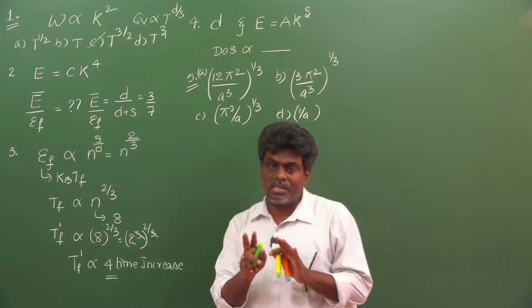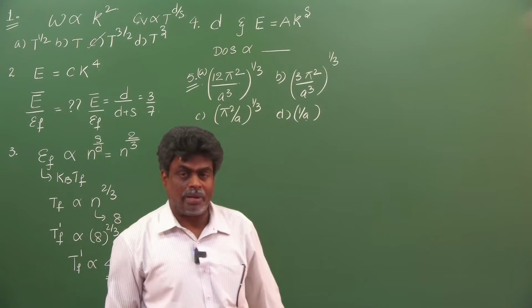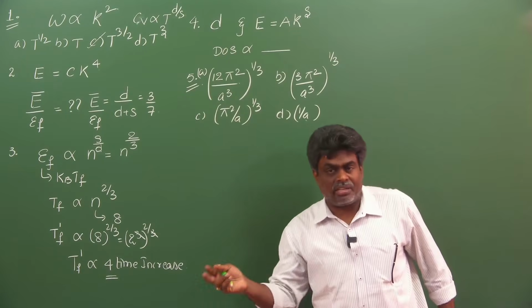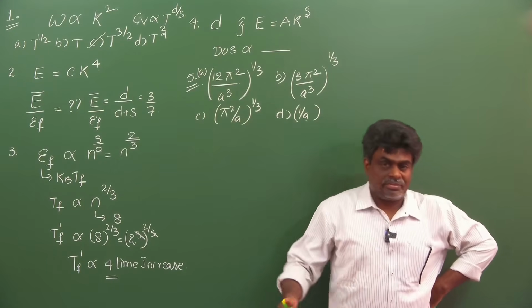Okay. What is the relation between Fermi energy, EF, and momentum? If Fermi energy is given, how will we find the momentum PF? How will we find KF?